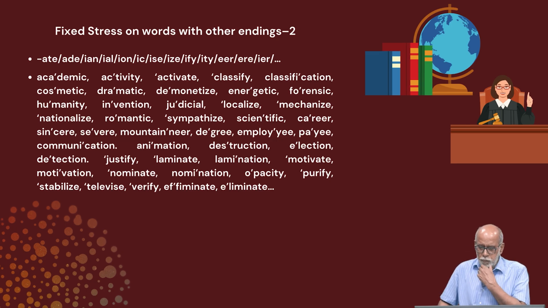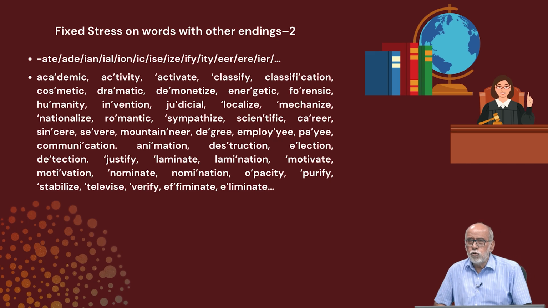So, you have employee, payee, okay, degree, but ION you go before. So, like this you can make your own list and have practice, and soon you will find that not only these words, but all other words that follow this pattern have undergone change in your accent, and you are speaking all of those words in the quote unquote standard manner, so that you will be better understood even by those who are not used to your accent of English.